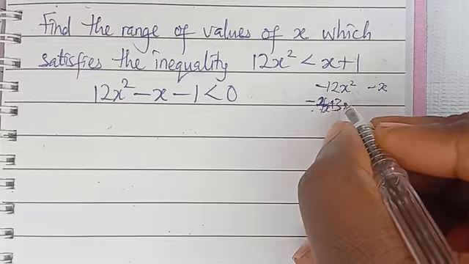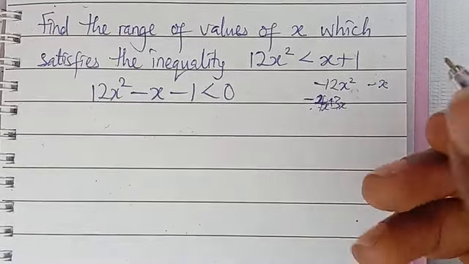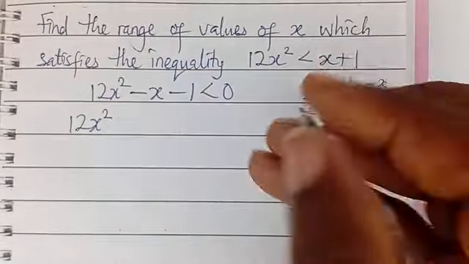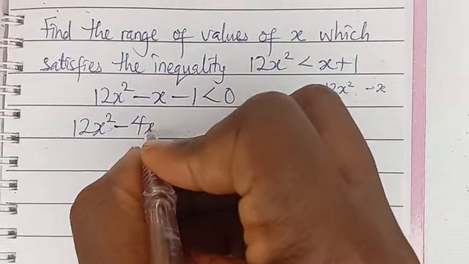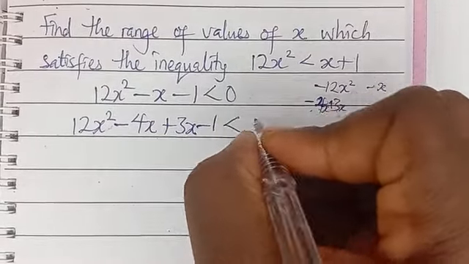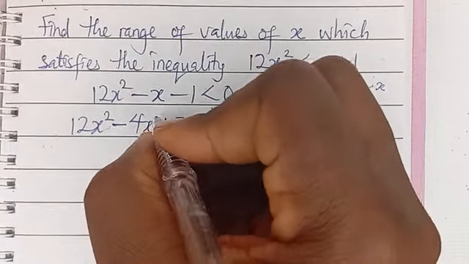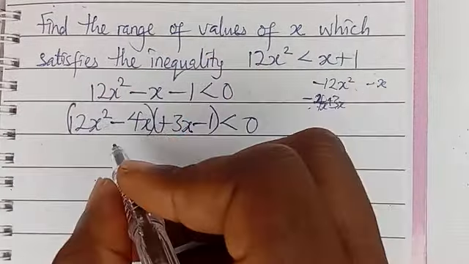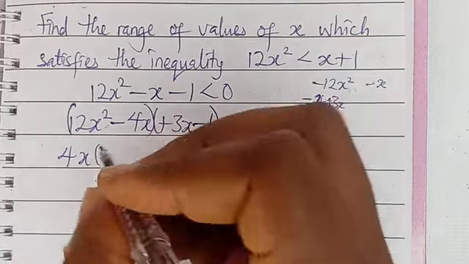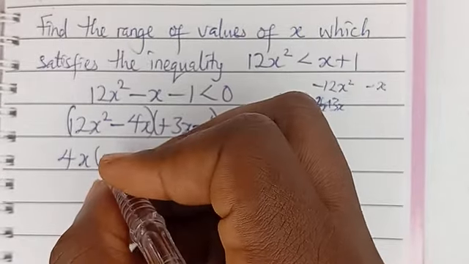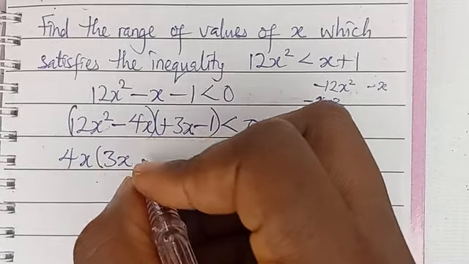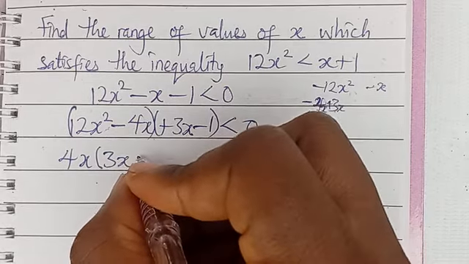And then we now add up the x's so that they can give us 12x squared, right? So we have 12x squared. We replace the middle term with negative 4x plus 3x. Then we bring down minus 1 less than 0. We group in twos. So for here, the common term is 4x. 4x into 12x squared, that should give us 3x. And then 4x into itself is 1.